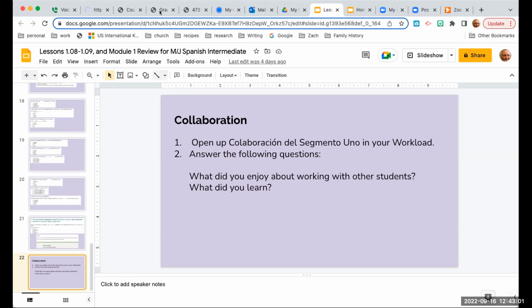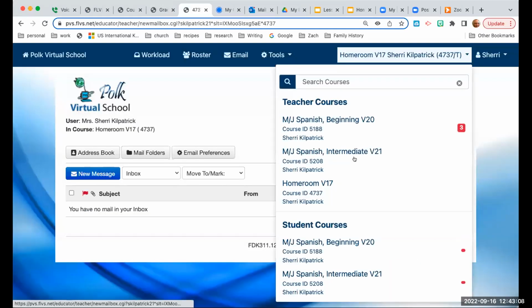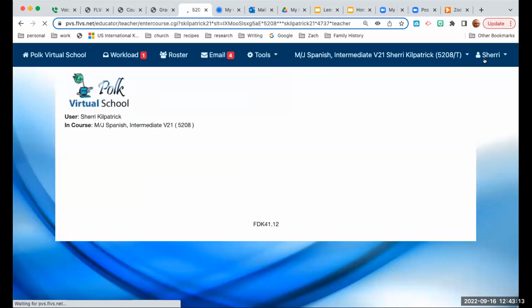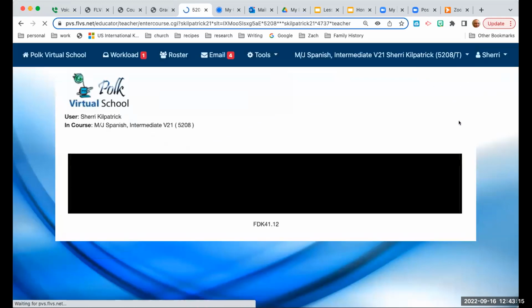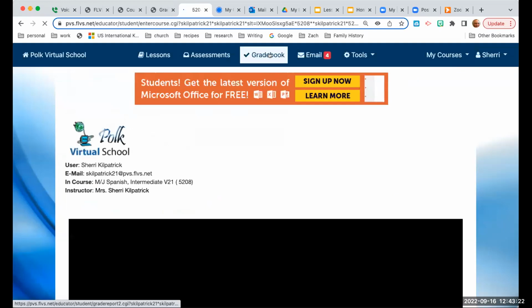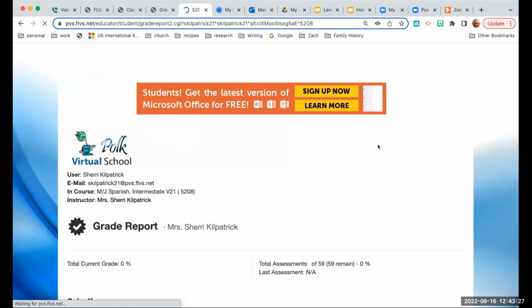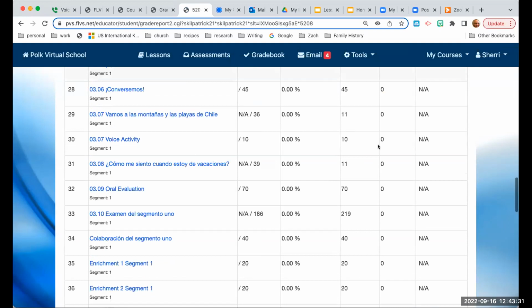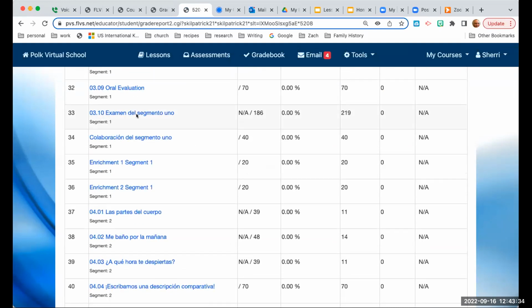Bear with me. Okay, so I'm going to go to my intermediate class. I'm going to go in as a student. Okay. And I want to do collaboration. Best thing is put that in gradebook. All the way down to where it says 3.10, that's your midterm.